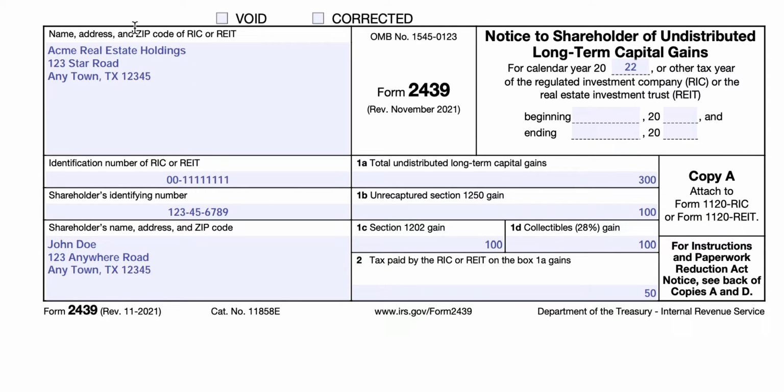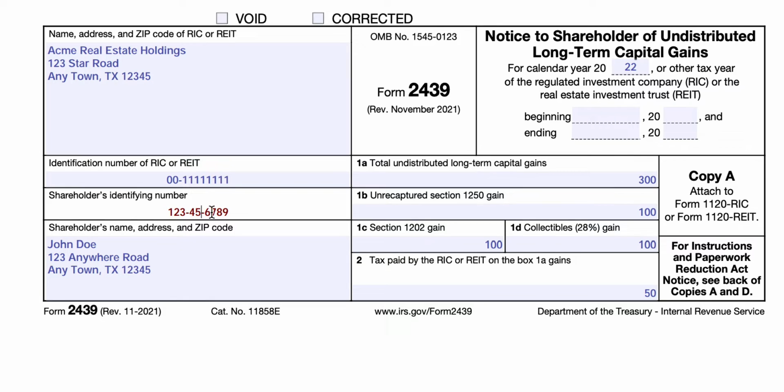So on the left-hand side, at the very top corner, you'll see that we've entered the name, address, and zip code of, in this case, Acme Real Estate Holdings, a fictional REIT that issued our fictional hero, John Doe, this Form 2439. So you should see the name, address, and zip code, the identification number, shareholder's identifying number, and then the shareholder's name, address, and zip code.